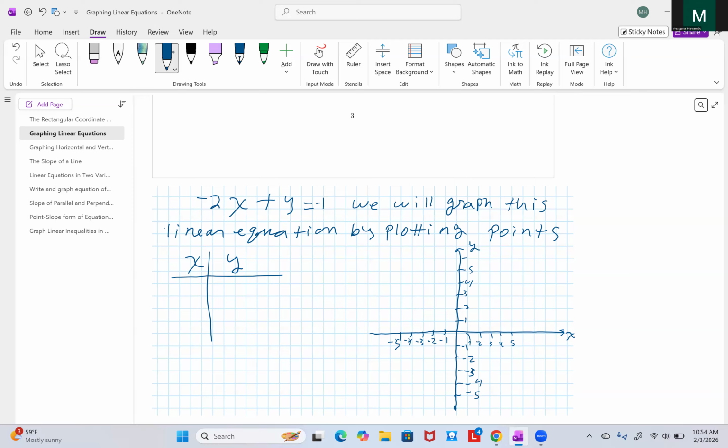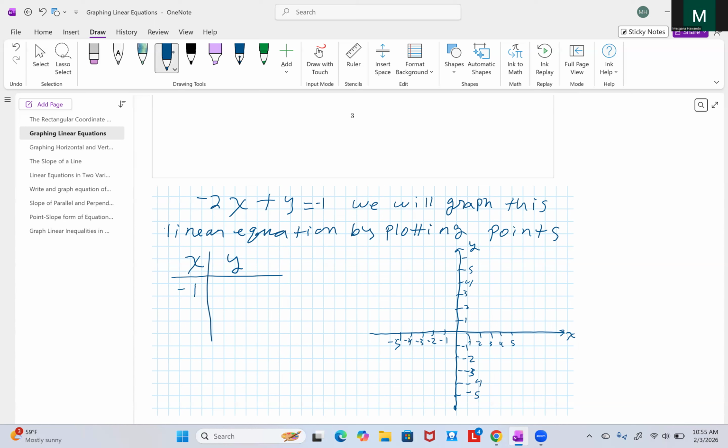Okay, so we can pick any x values. We just need 2 points. You can choose any x values on the x-axis. So let's say x is -1. When x is -1, we want to find the value of y.